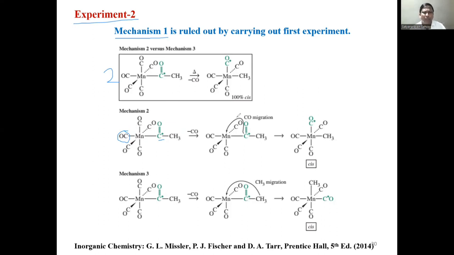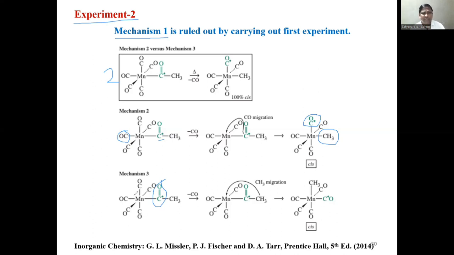Then there is CO migration over here. As you can see, the labeled CO and the alkyl are cis to each other. And in mechanism 3, again from this, the labeled CO is in the acyl. So there are four positions: 1, 2, 3, 4.